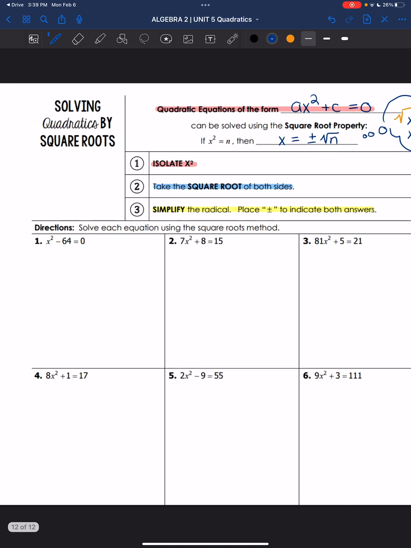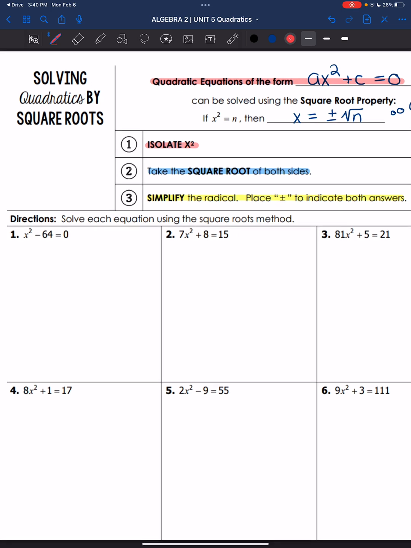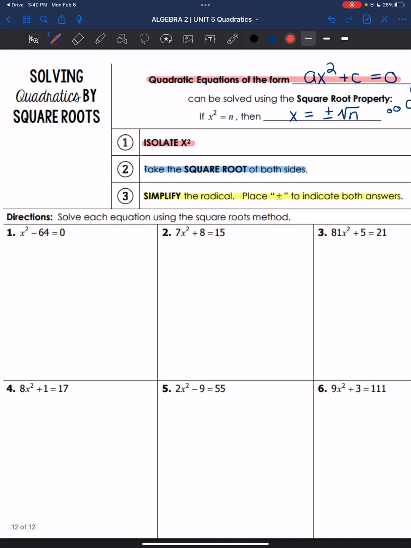Step number 1, we want to make sure and isolate our x squared. In this first example, we're going to want to add 64 on each side so that we have x squared equals 64.